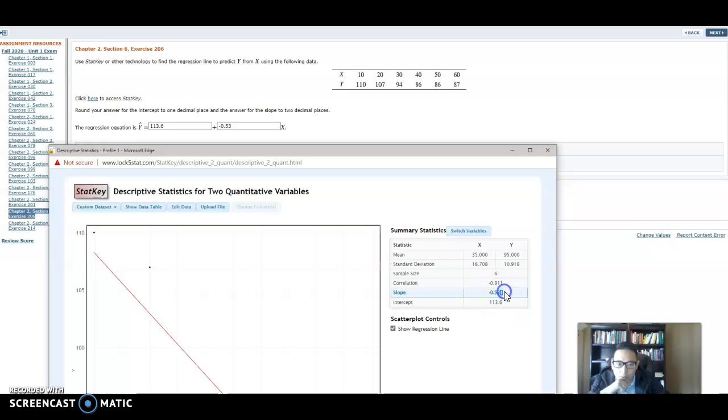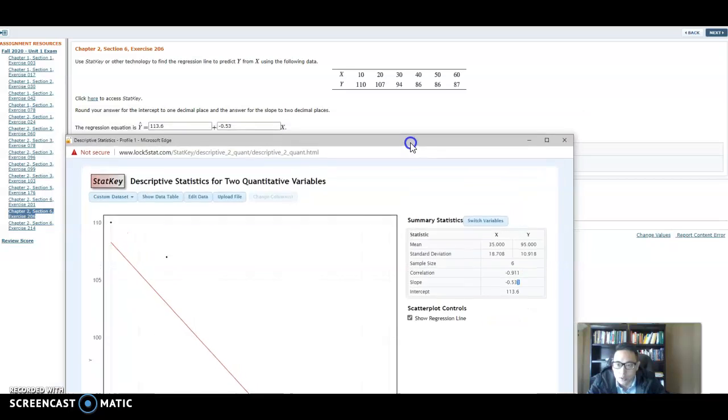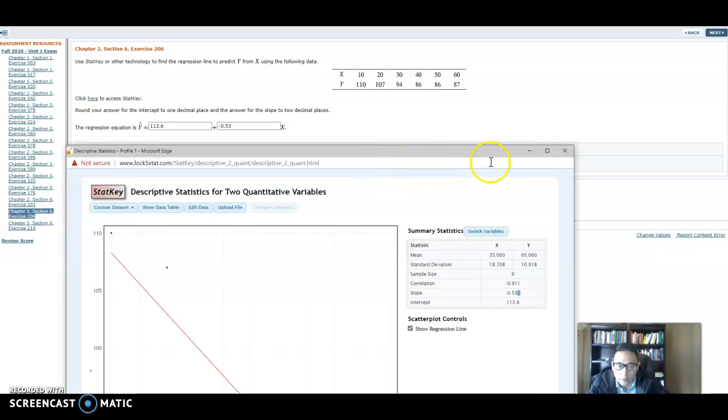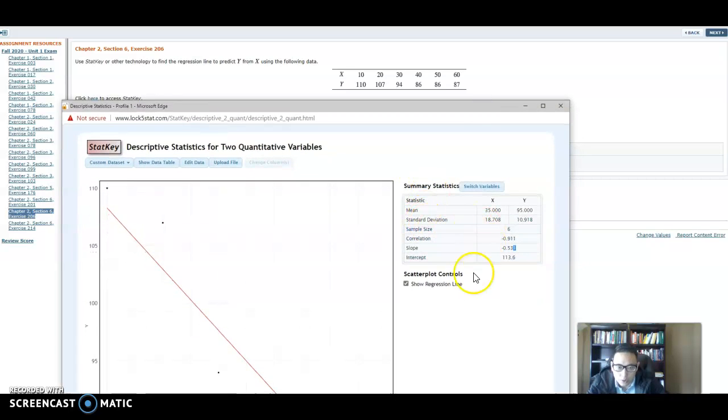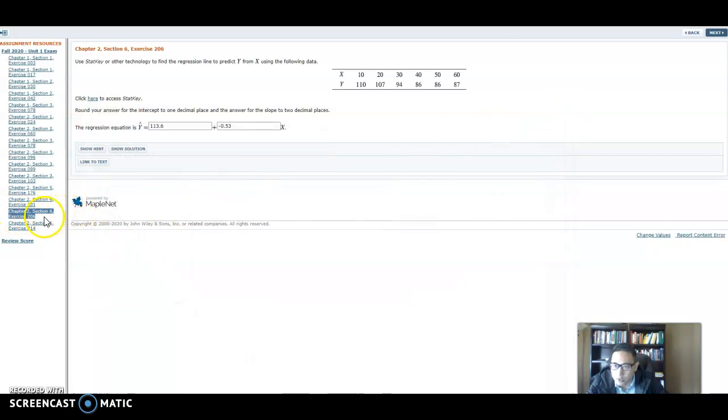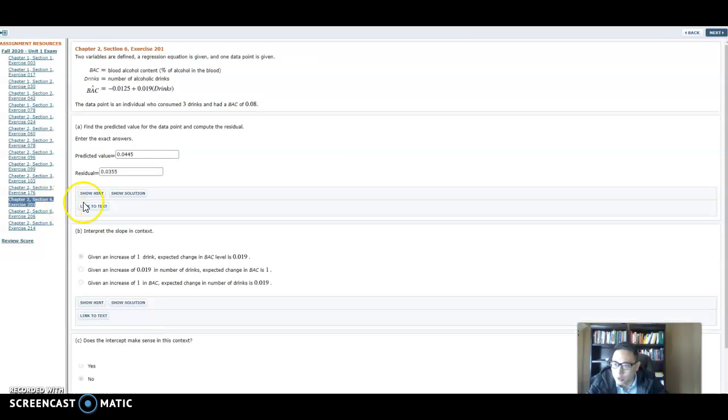Now for this one here, you will put 1 decimal, so you will take 113.6. This one, use the stat key, it's pretty quick. You can also use your graphing calculator. So that's number 206. Now let's go back, continue to do 201 here.